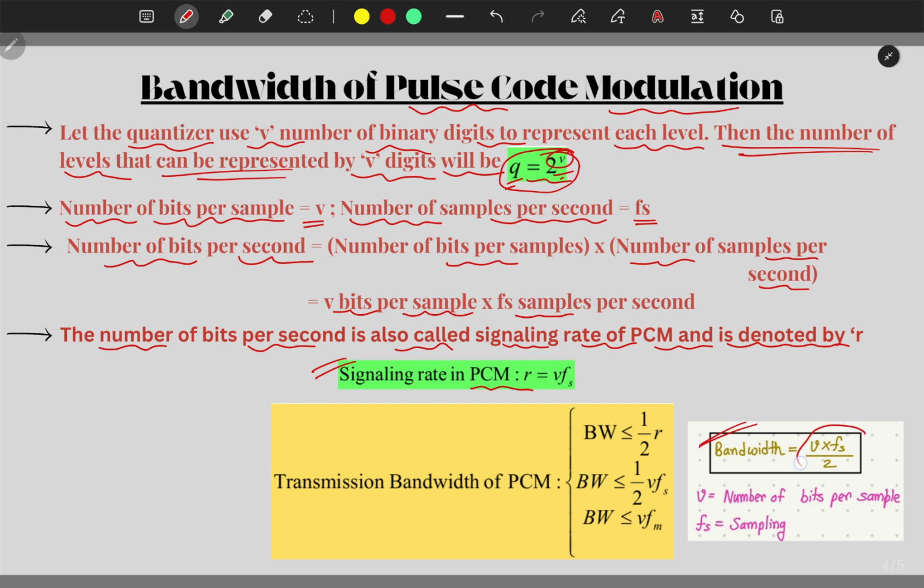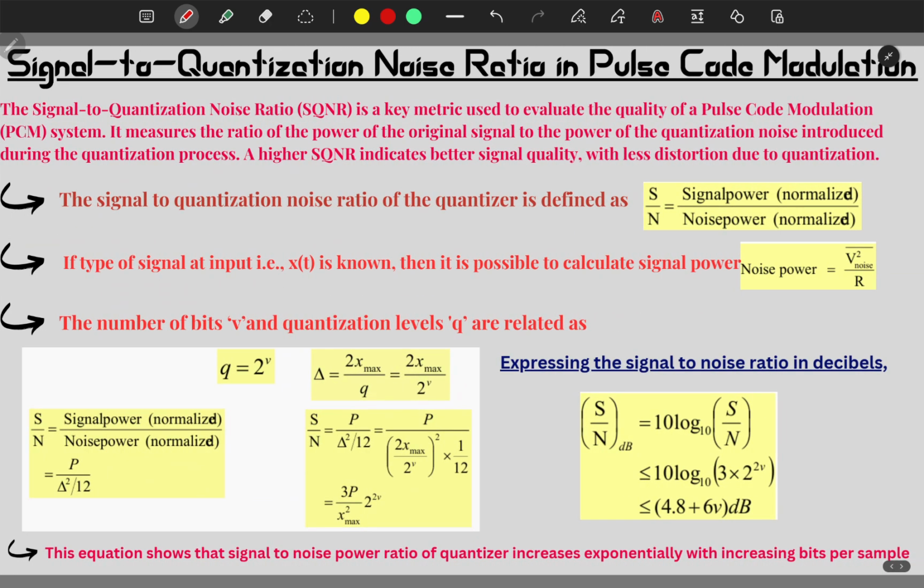If we compare these two formulas, we get the transmission bandwidth of pulse code modulation. Bandwidth BW is less than or equal to 1.5 R, and after putting in the value of R and more calculations, we get the end result: bandwidth is less than or equal to V Fm. I think you know what Fs and Fm are, these basics.